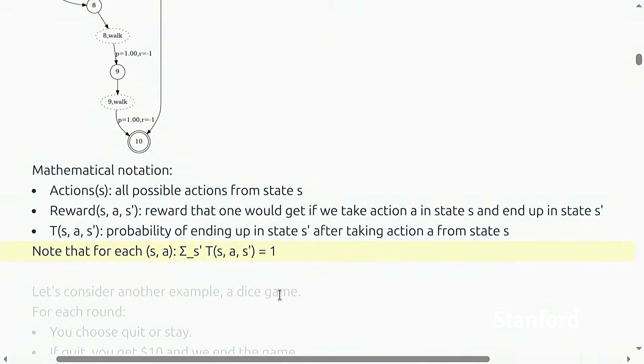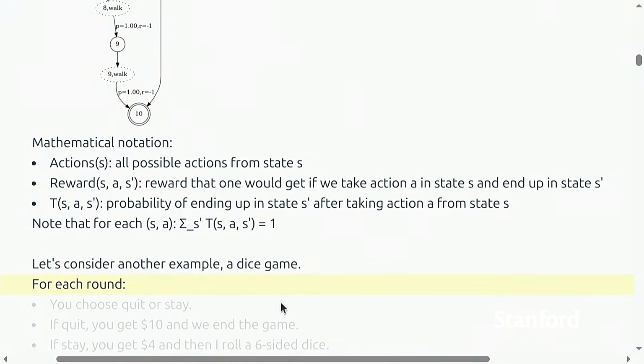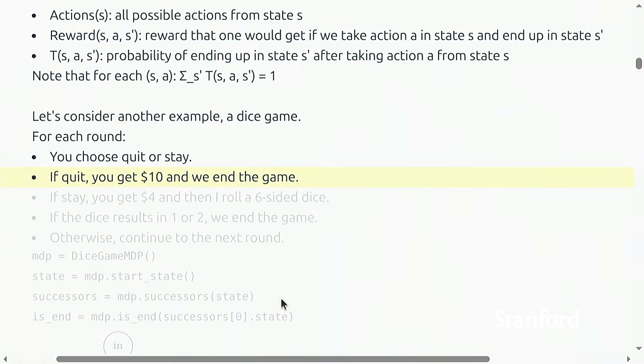All right, so let's consider another game just for fun. This is going to be a little dice game. It proceeds in rounds. Each round, you decide whether you're going to quit the game or to stay in the game. If you decide to quit, you get $10, and then we send you on your merry way.